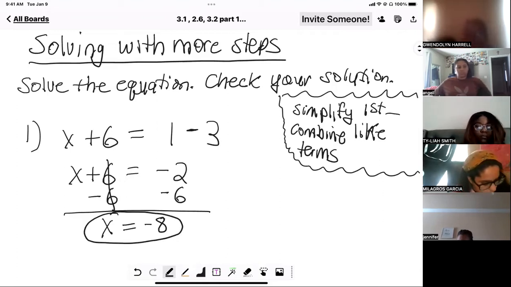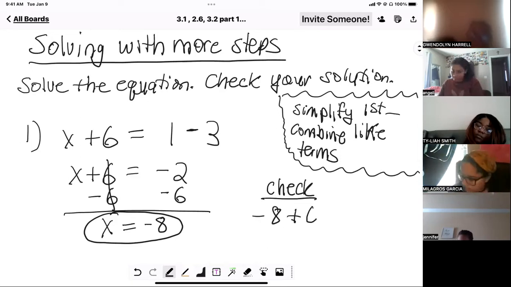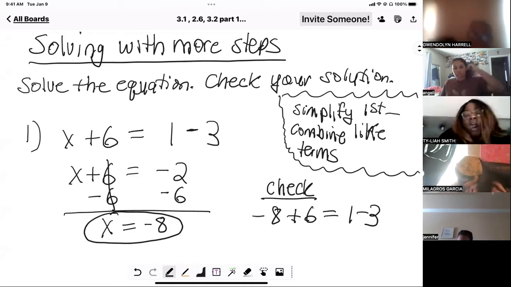But now we're going to check it. When it's a multi-step equation, I write both sides out, but instead of x, I'm going to put negative 8. So negative 8 plus 6 is equal to 1 minus 3. So I take exactly the same original equation, except I take the variable out and put my answer in.